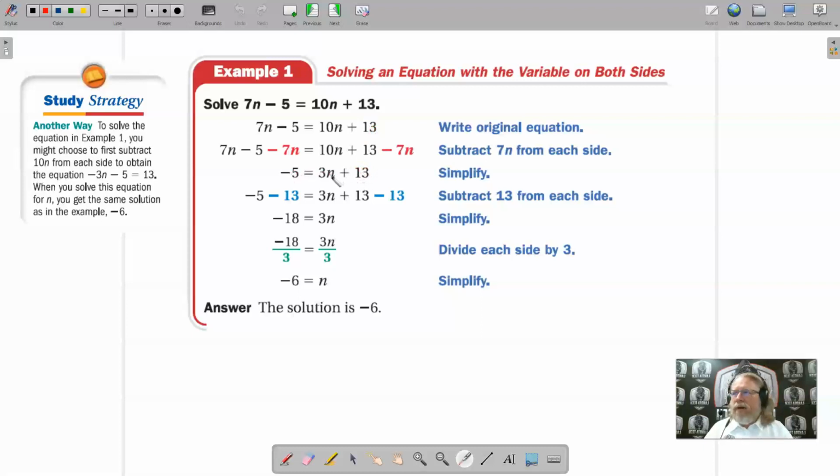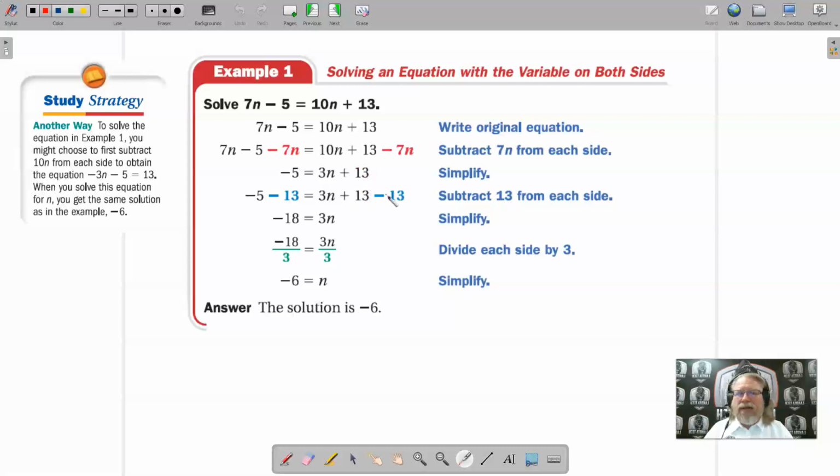Now that we're at this part, this looks a lot like a two-step equation that we've seen before, right? Well, we know how to handle that. The 13's tied to the 3n by addition, so we're going to use subtraction, the inverse operation, or like I like to say, the opposite operation. And we're going to subtract the very number we wish to get rid of, which is 13.